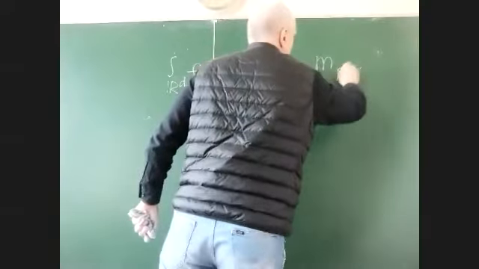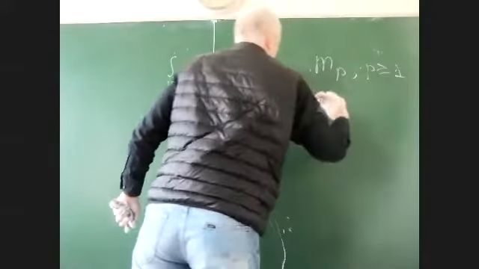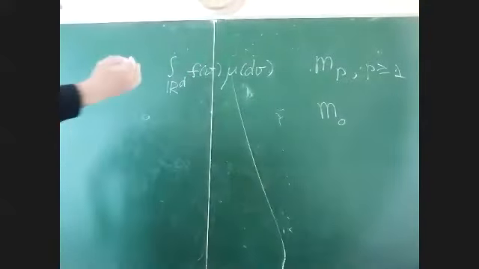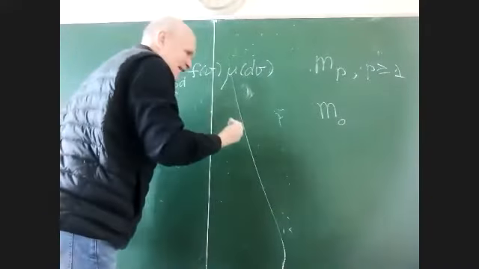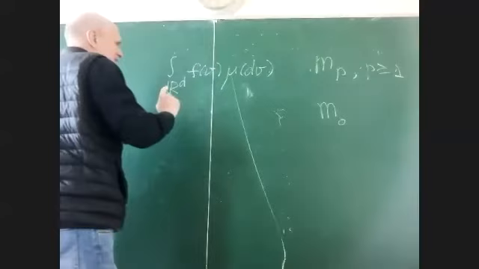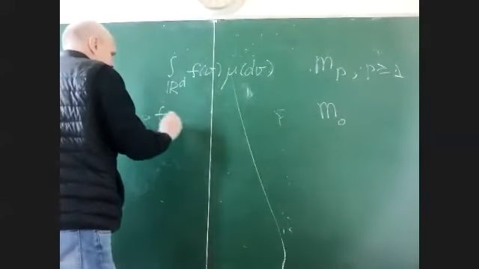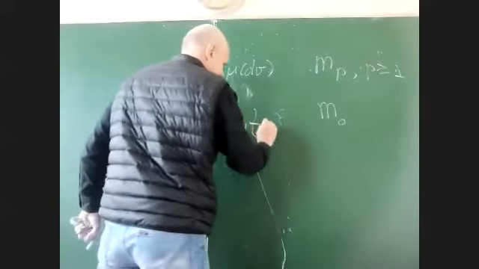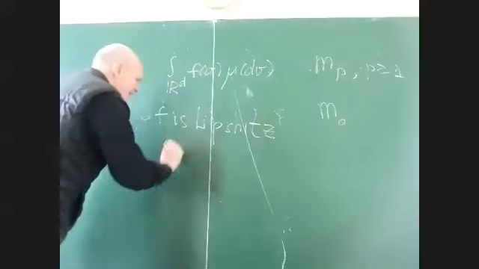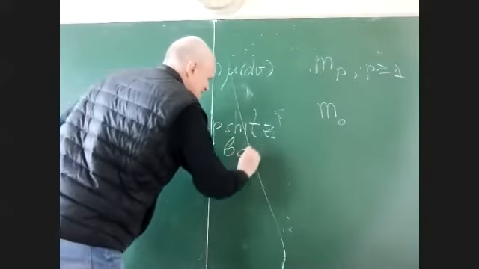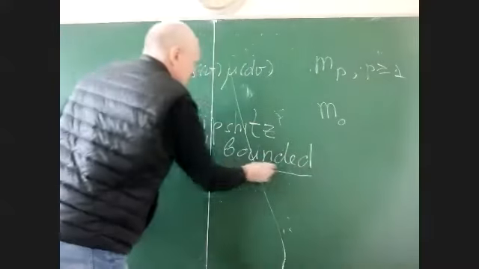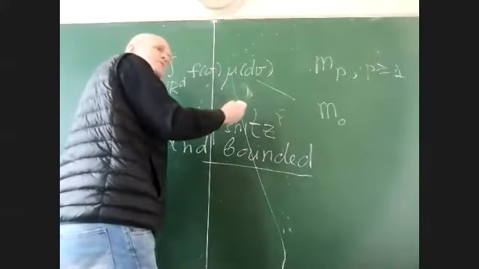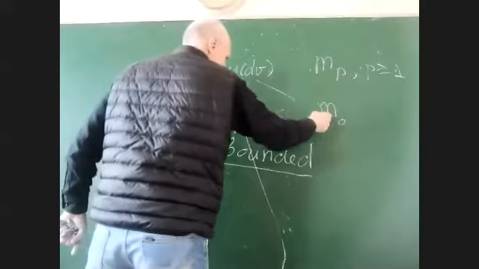But for M0, we need something else, and it occurs that we have an interesting relationship: if f is Lipschitz and bounded, then this coefficient also becomes a Lipschitz function on this space.